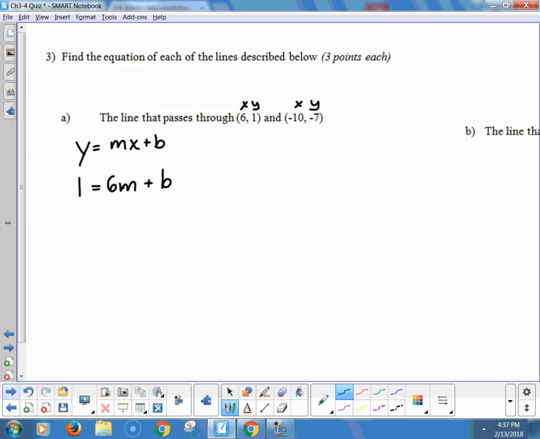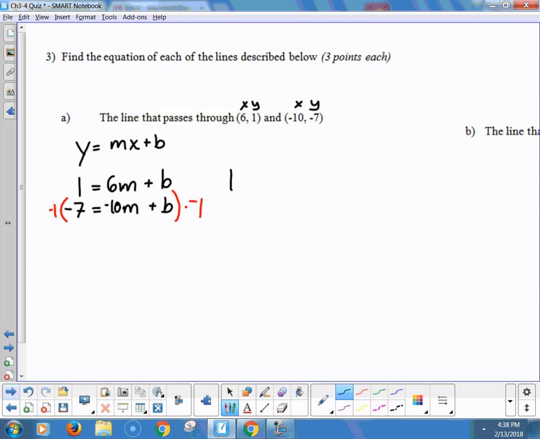And then my second equation would become negative 7 equals m times x plus b. As these two equations are written, nothing eliminates. We have a positive b and a positive b. These do not eliminate. But what you could do is take the entire one of your two equations and multiply both sides by negative 1.